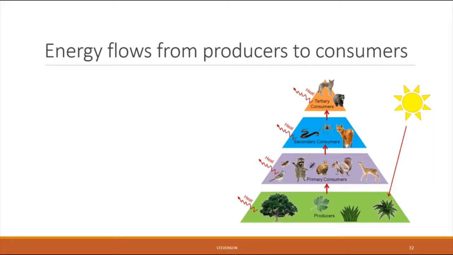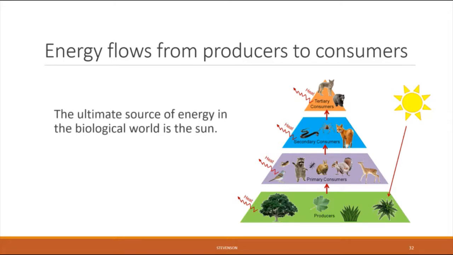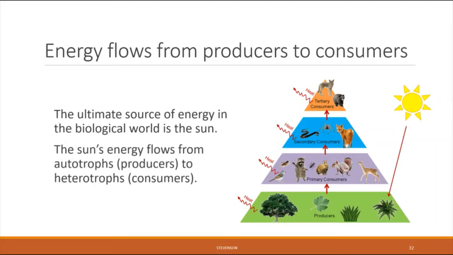And if we trace all these types of chemical energy back to their original source, the original source of energy in the biological world is the sun. The sun's energy is captured by the autotrophs, or in other words, the producers, and then through the autotrophs being consumed by the heterotrophs, is able to pass to these other levels of consumers.